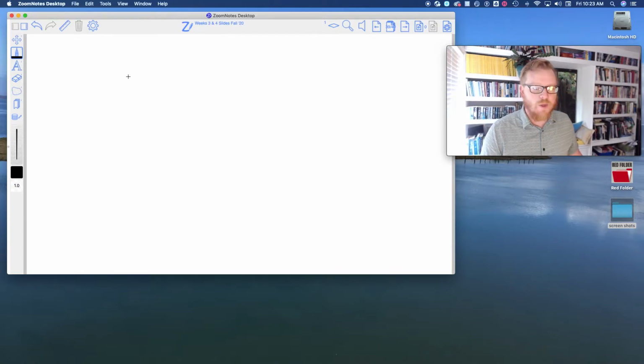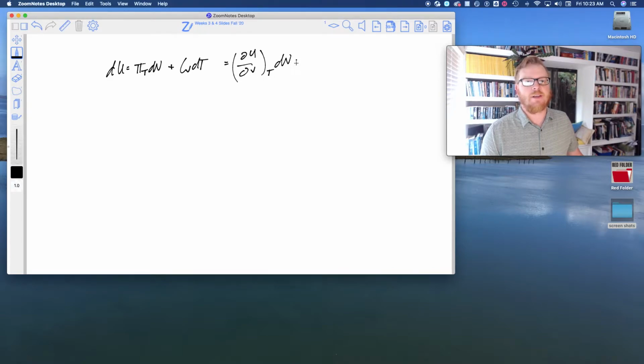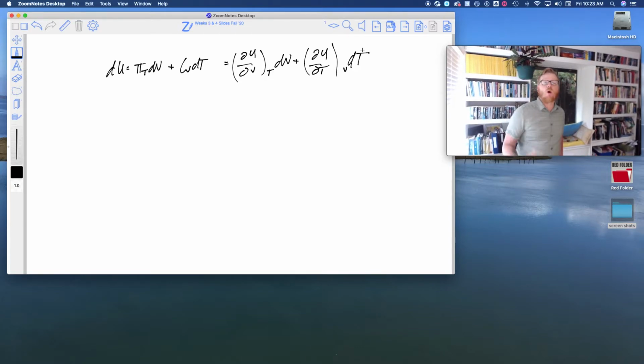So now we know that dU equals Pi_T dV plus Cv dT, and that was a result of the partial of U with respect to V at constant T dV plus the partial of U with respect to T at constant V dT. Okay? And when we did that, we got these two physical observables, constant volume heat capacity and internal pressure. So what about P?